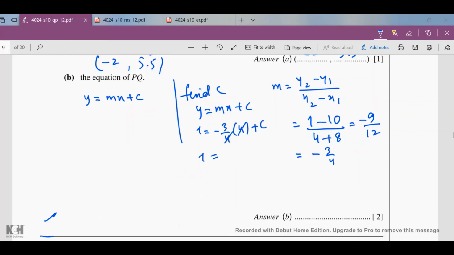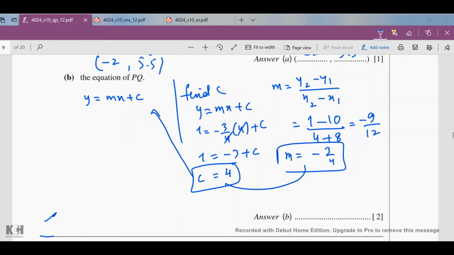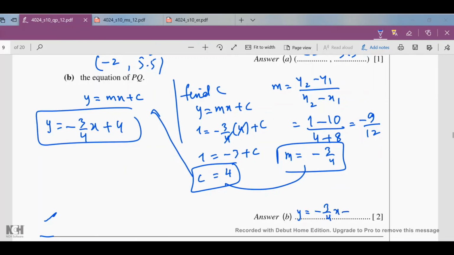The 4s cancel. Minus 3 plus c, and c is equal to simply 4. So put the gradient and c in the equation. Y equals minus 3 upon 4 x plus 4, and that's your answer.